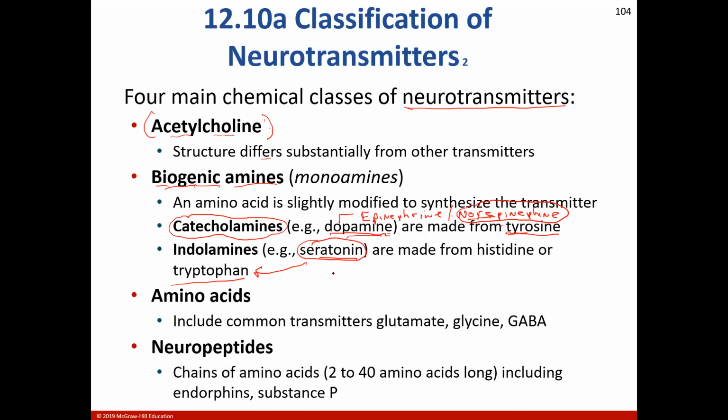Okay. So some are purely amino acids, where they don't have any other functional groups on them. Examples of neurotransmitters that are just amino acids are glutamate. Remember, glutamate in the brain is the most excitatory neurotransmitter for EPSPs. But in special senses, it's actually inhibitory.